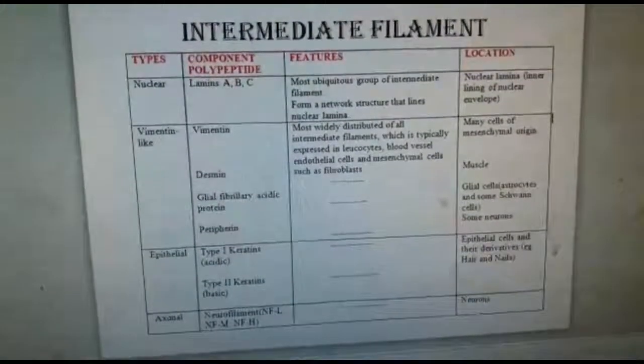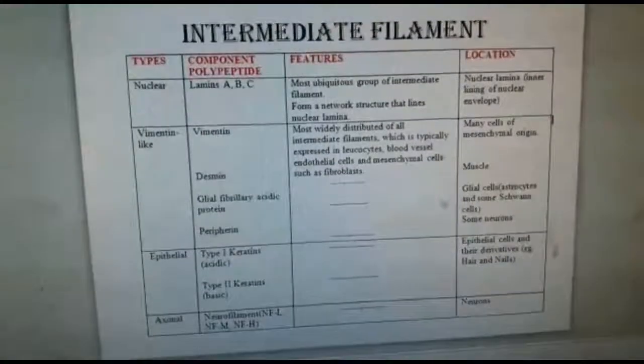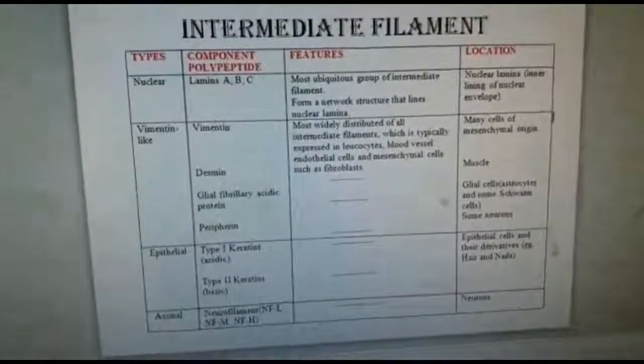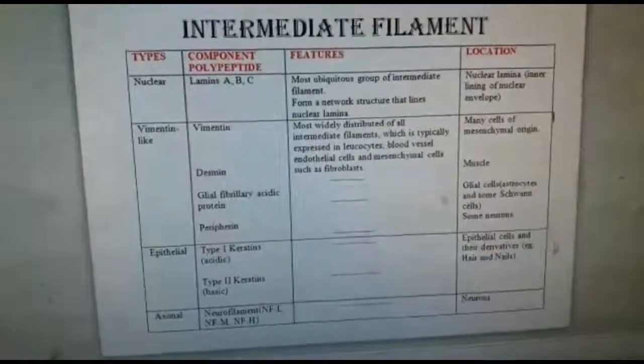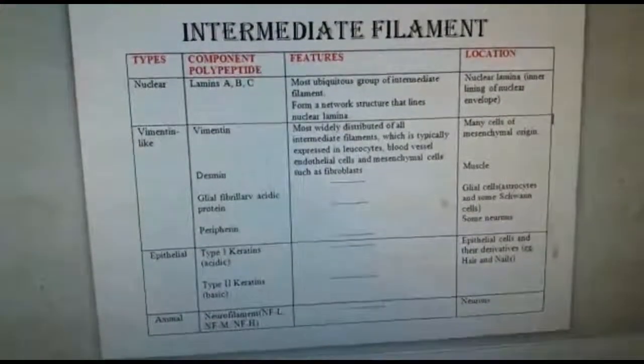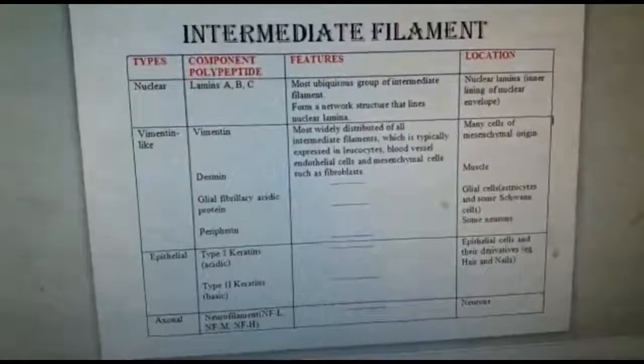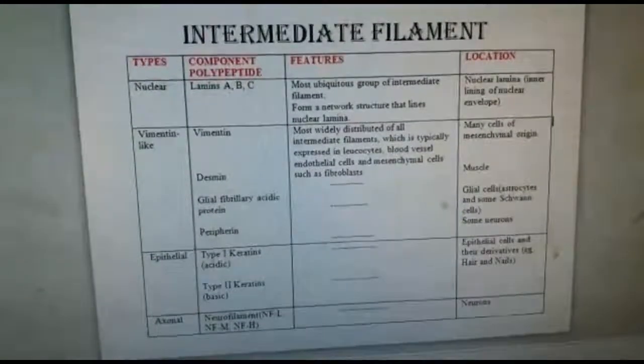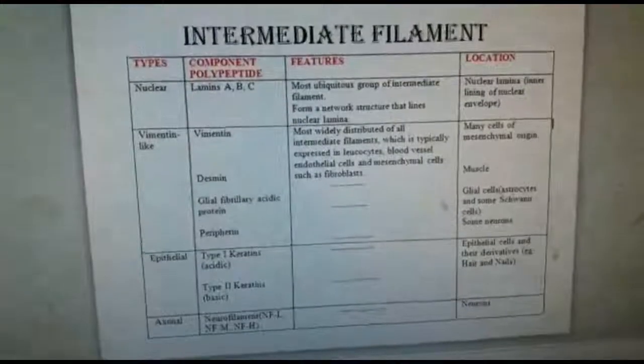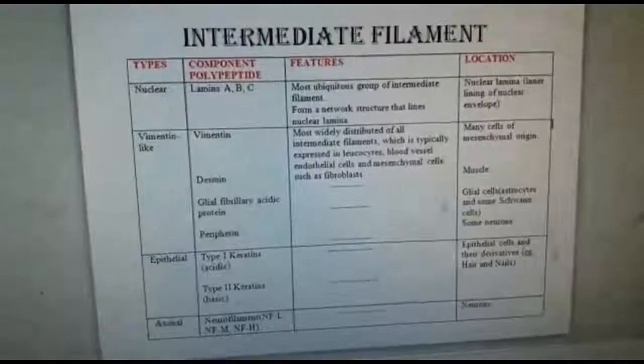The central rod domain consists of long tandem repeats of a distinctive 7 amino acid sequence called the heptad repeat. A polypeptide chain forms a parallel coiled-coil dimeric structure with another.